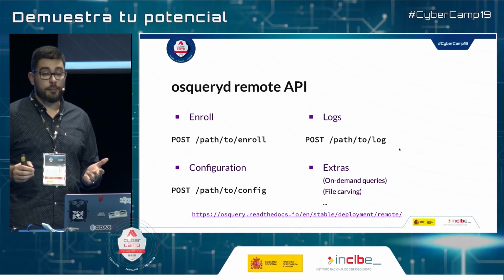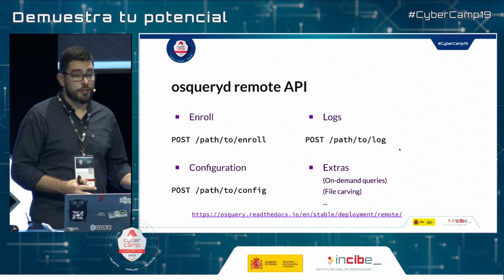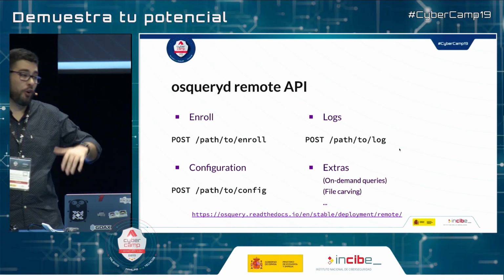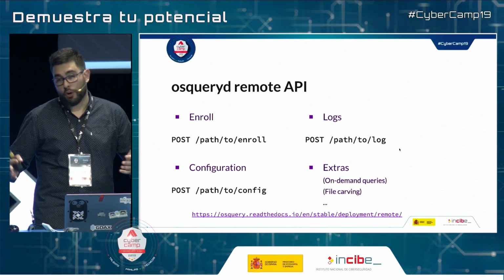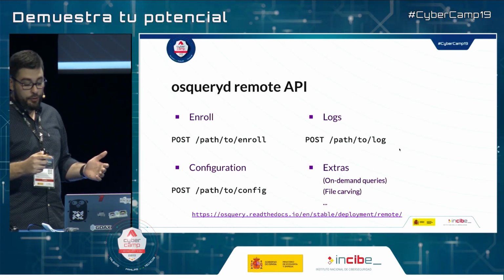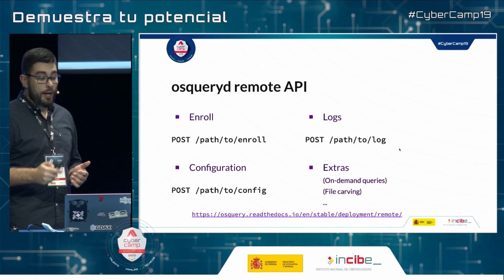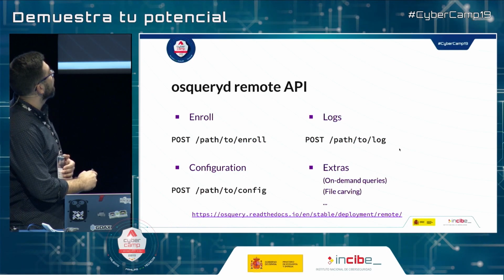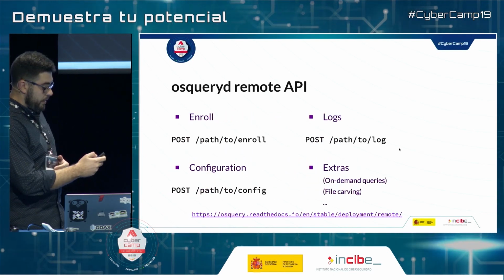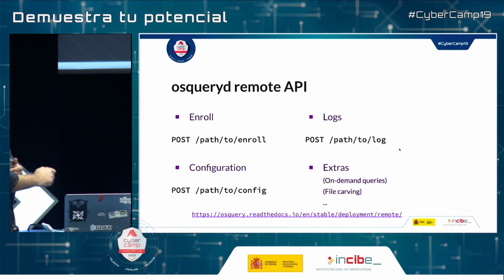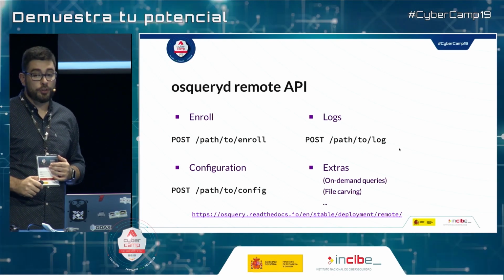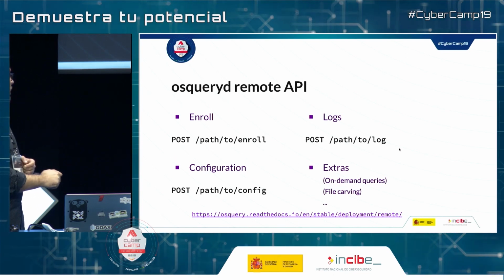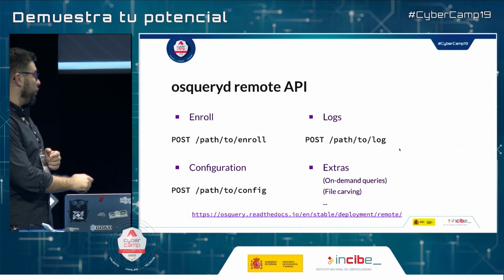So to implement a TLS endpoint, it's not very complicated, but you might say, I'm not convinced with any of the current options that I have, and I want to do it myself. Then what you've got to do is to implement a handler. So you implement the handler to receive the POST requests, to have them enroll the machine.